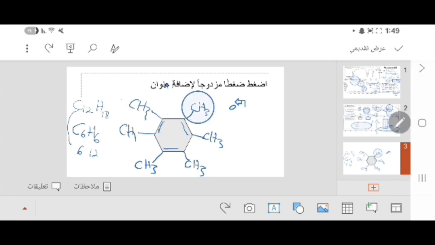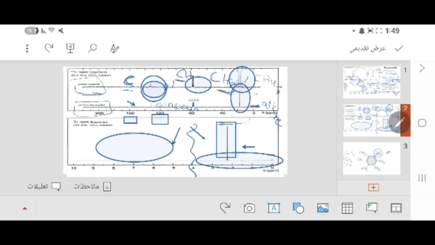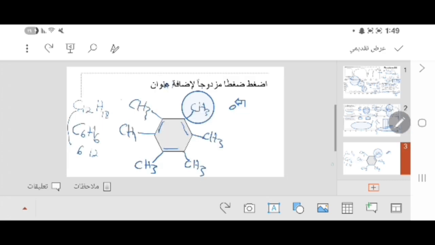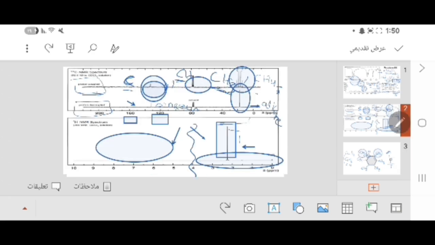From the carbon NMR, we have CH3 and a CH, which we already have in this compound, with the CH on the cyclo or the benzene. The second thing the carbon NMR indicates is a benzene, which we already have in the compound, and a peak from 0 to 40, which is aliphatic.